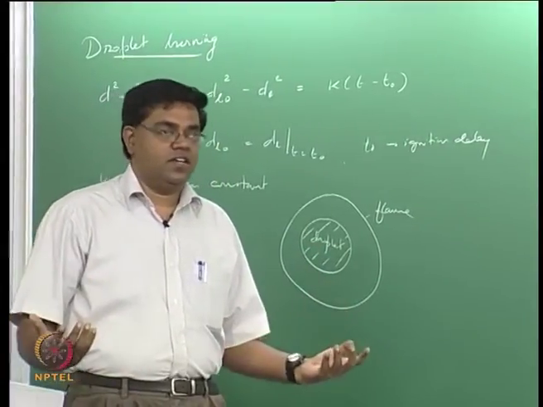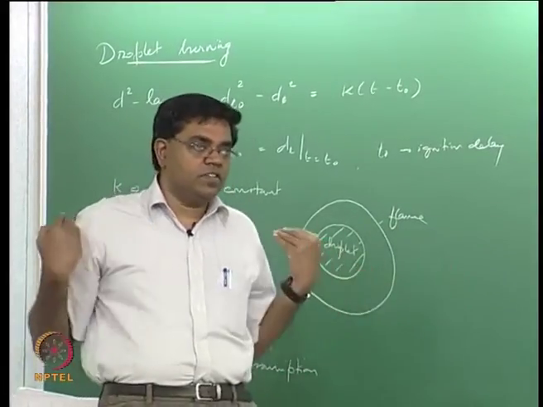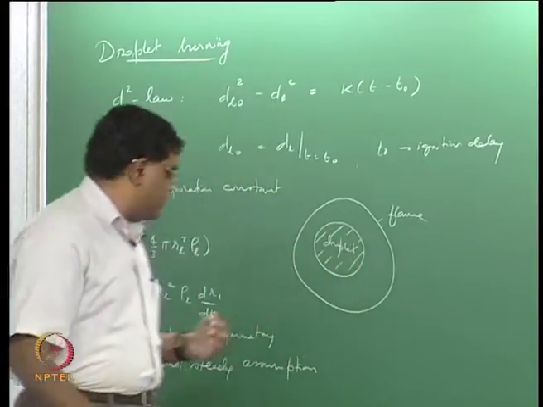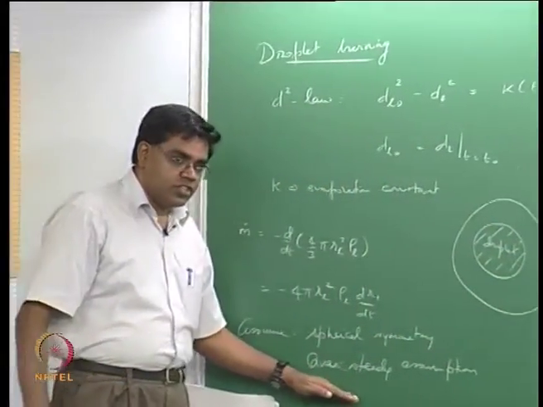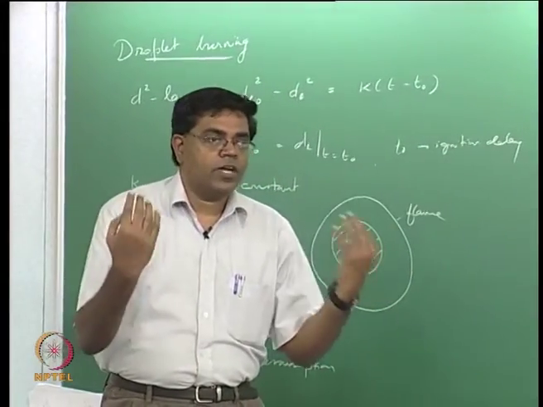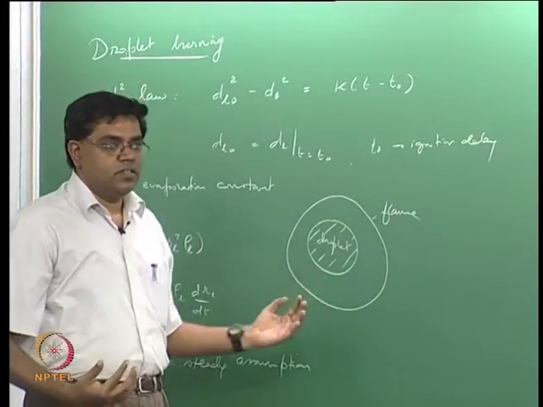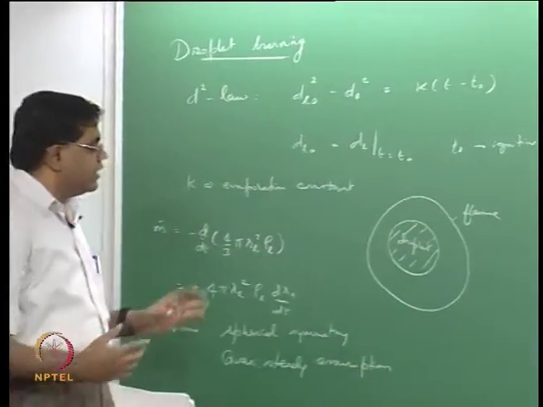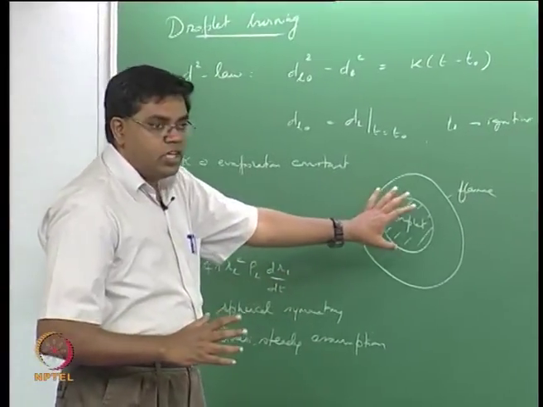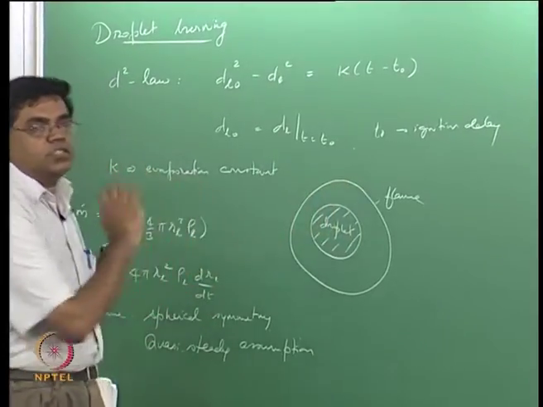No, it is not sitting there, it is actually flowing out because you have this regression. But the second point being made is that the regression is so slow compared to the rate at which the gases move away from the center, that we can think of a droplet of a given radius at any particular instant as a snapshot.